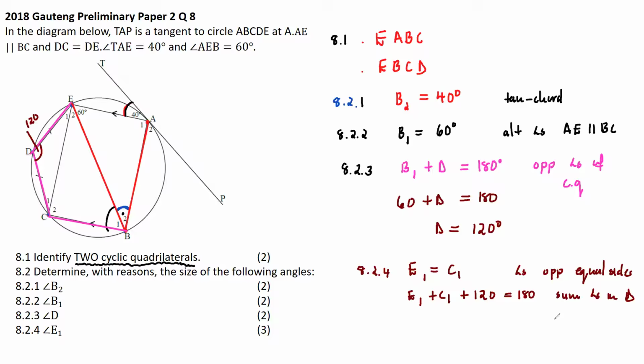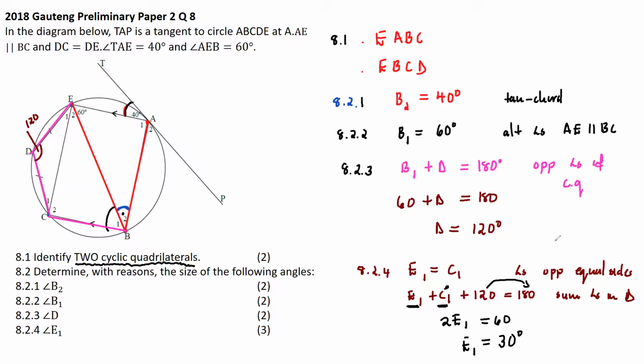Okay, that's all good and well. Then further on, notice that we said E1 is C1. So instead of putting the C1, I can put it as E1 again. So it becomes E1 plus E1, which is 2E1, then 120 to the other side. That gives me 60. You guys are correct. E1 is 30.